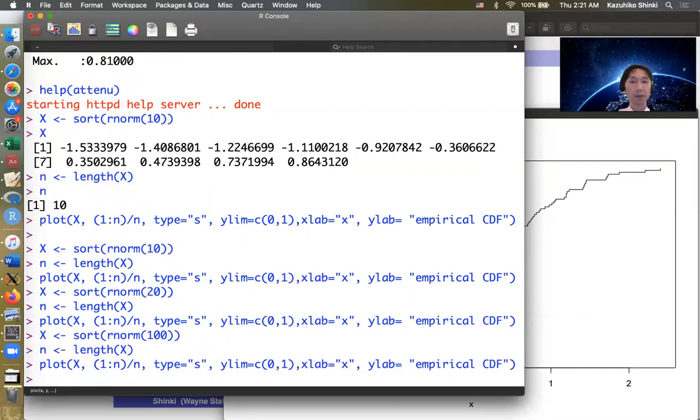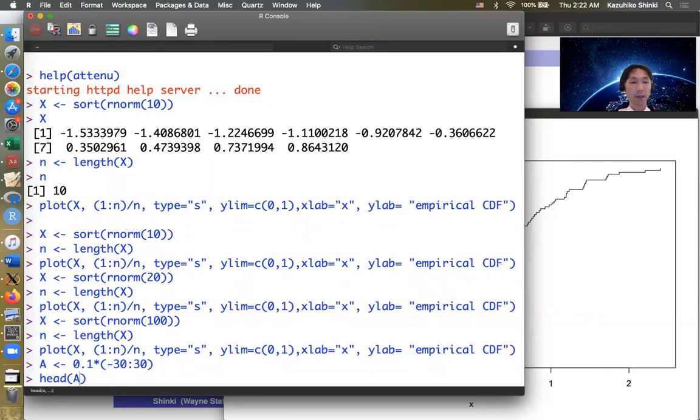Okay, so maybe we think about a from negative 3 to 3, so maybe negative 30 to 30 times 0.1.